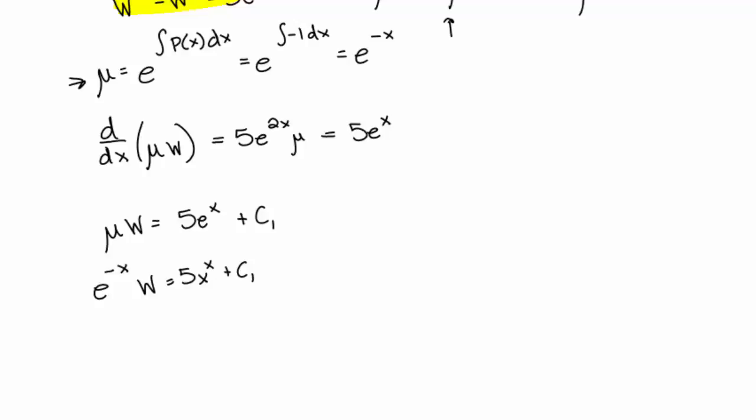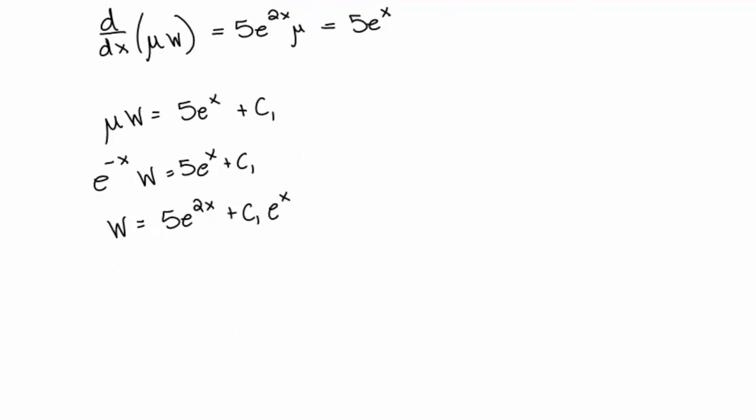And so what I'm going to do is multiply both sides by e to the x, so you get that w is 5e to the 2x plus c1 e to the x. And again, that constant is not necessary. And you're about to see why.